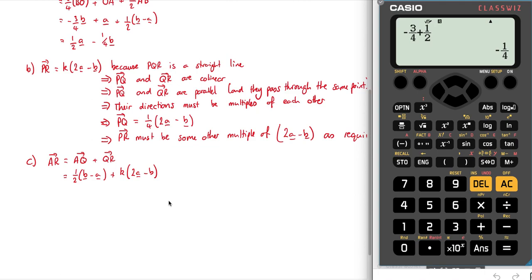If PR is going in that direction, PQ is going in that direction, QR has to as well, because they're all going in a straight line. So we can start expanding these brackets. So I've got half B minus KB, and then I've got minus a half A plus 2KA. So I've got plus 2K minus half A.